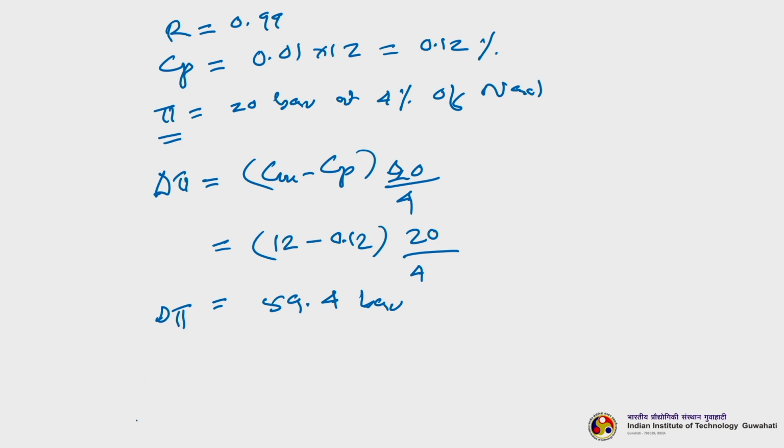Then we have to calculate the water flux. This is the osmotic pressure difference between the feed and the permeate for this particular case of 4% sodium chloride solution. So the water flux Jw at 4% NaCl is Lp into delta P minus delta pi.